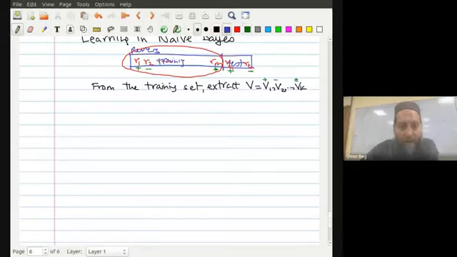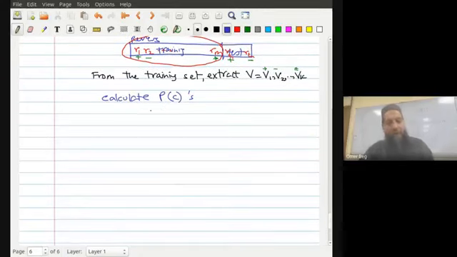So how is this learning going to take place? First of all, we need to calculate, let's take the easier one, the probability of the priors. So what is the probability of the priors?